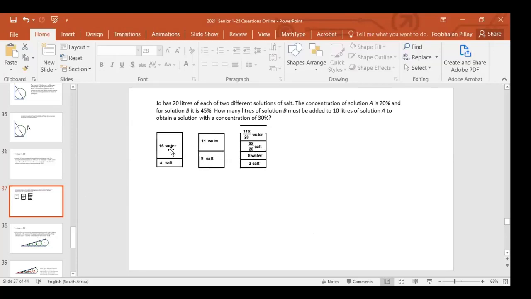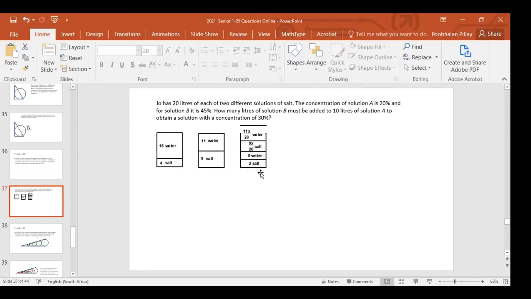And then you're taking 10 liters of this, right? Which means I've got 8 in this new scenario here. There were 20 liters originally. Now you have 8 liters of water and 2 liters of salt.